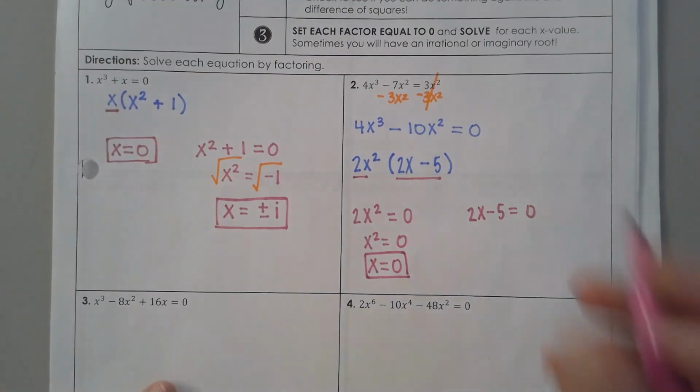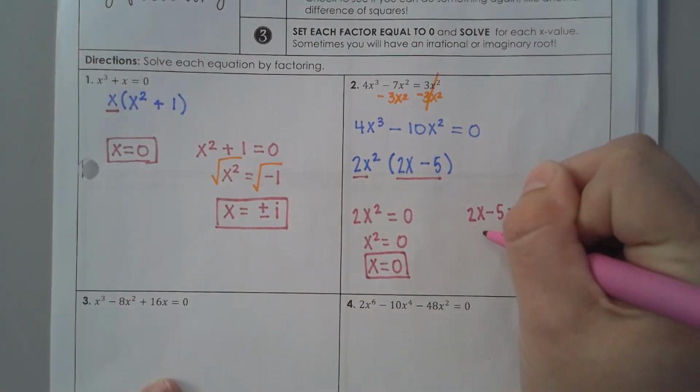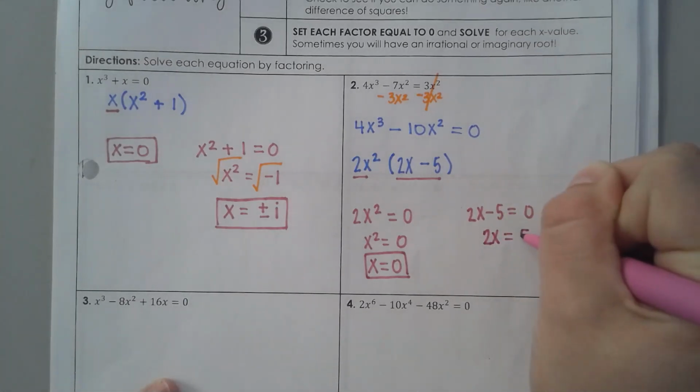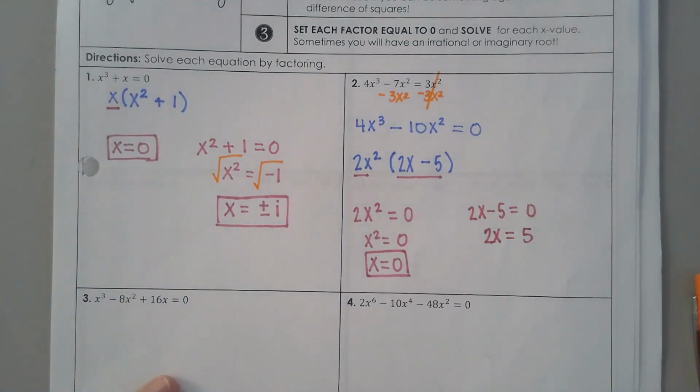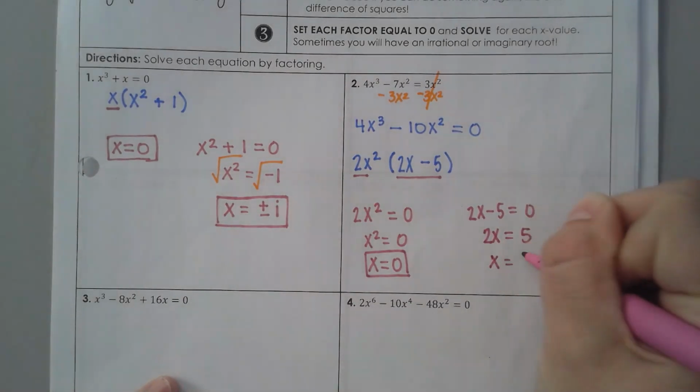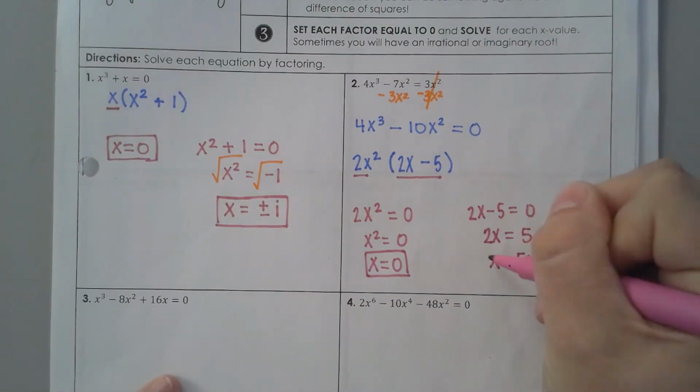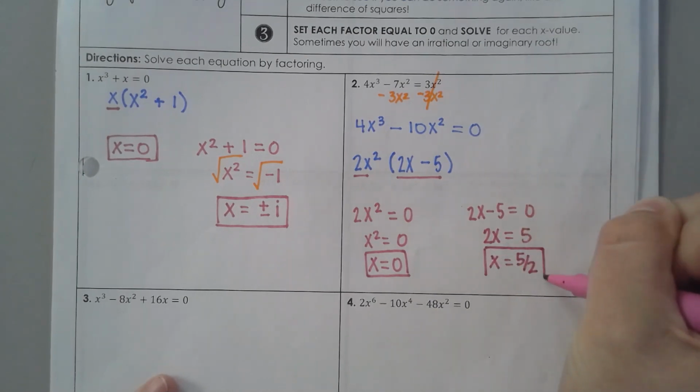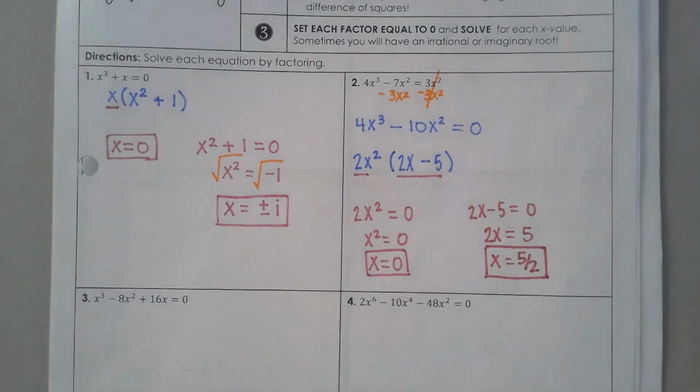And the second one, we need to add 5, and then divide by 2. If you put 2.5, that's okay. Or 5/2. Any questions? Okay.